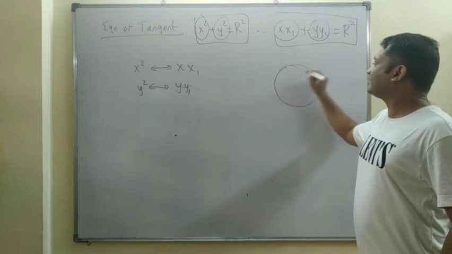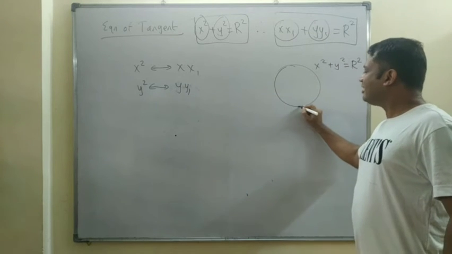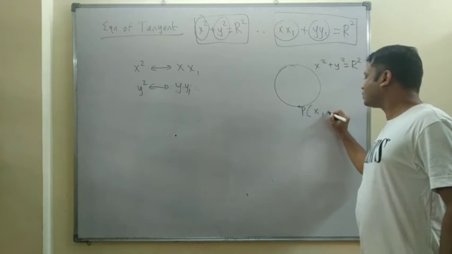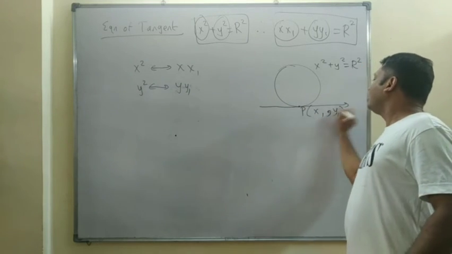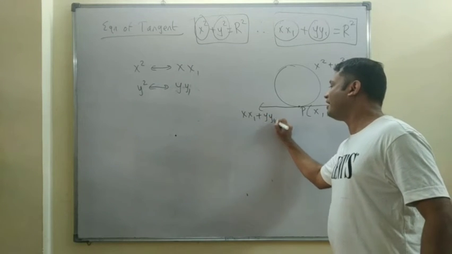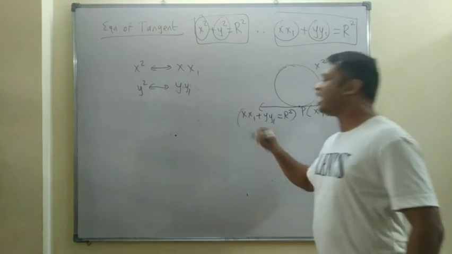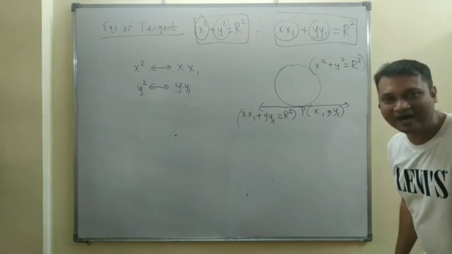Here we have the circle as x square plus y square is r square, and we have any point P which is (x1, y1), at which we have to draw the tangent, whose equation we have found is xx1 plus yy1 is equal to r square, and the equation of the circle is x square plus y square is r square.